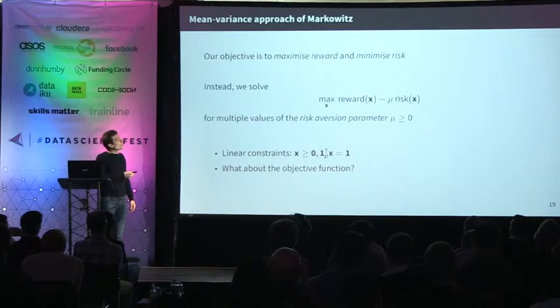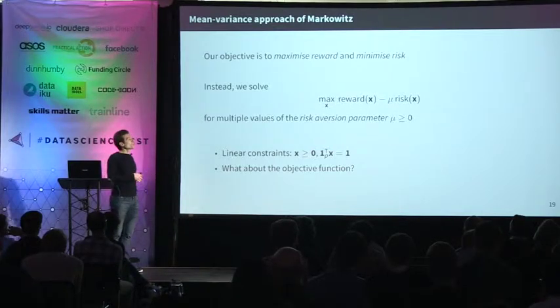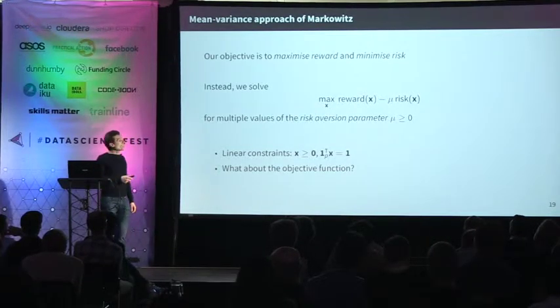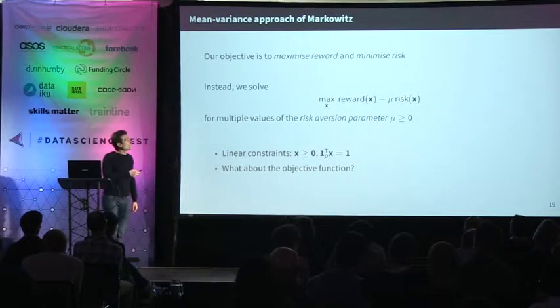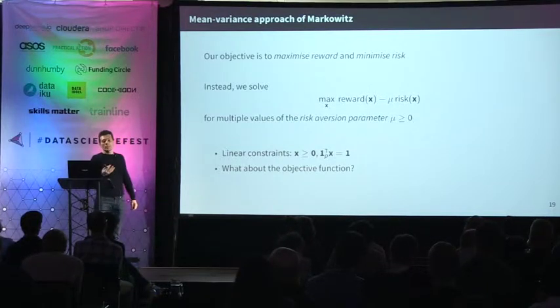So this can be solved very efficiently using just a quadratic program. So you can get your perfect allocation of your capital on however many assets you're considering by solving a quadratic program. So you can just get your optimal x, and everything we talked about previously holds. So you have one, it's optimal, it's the only optimum, etc. So there is a single solution, at least for one choice of mu.